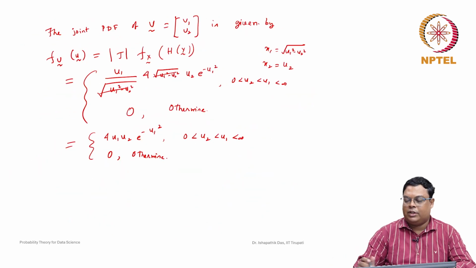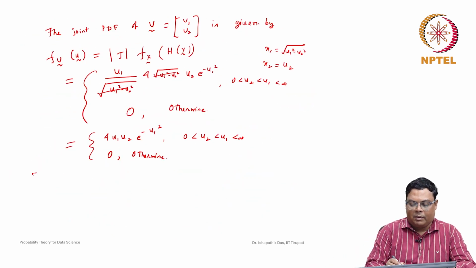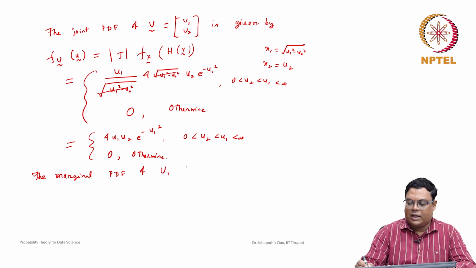Because we found the joint, the marginal probability density function of u1 is given by f of u1, which by definition is the integral from minus infinity to plus infinity of the joint density of u1 u2 with respect to du2.